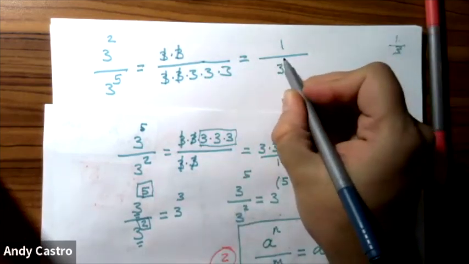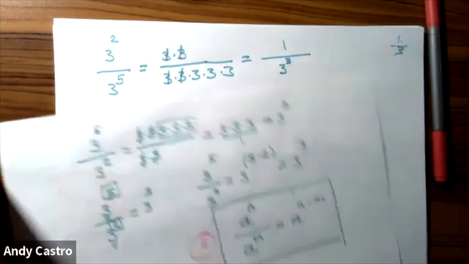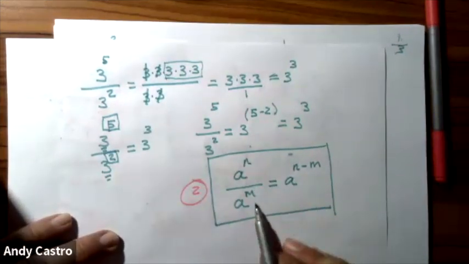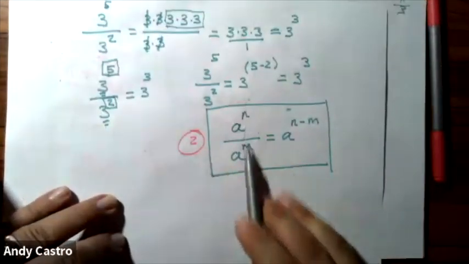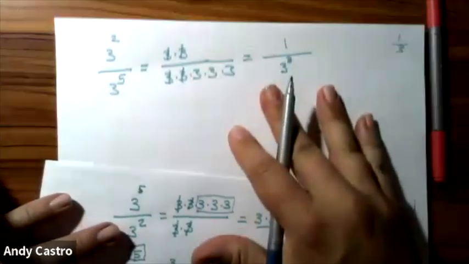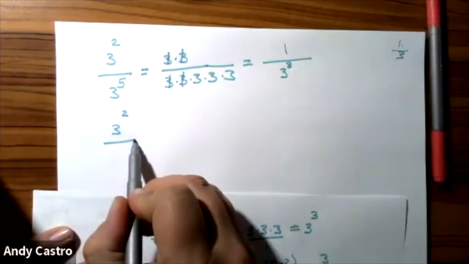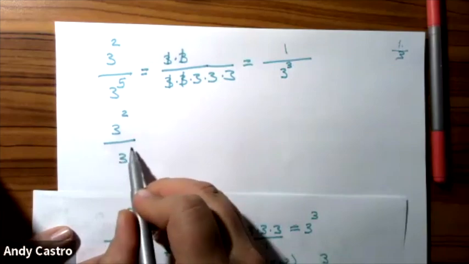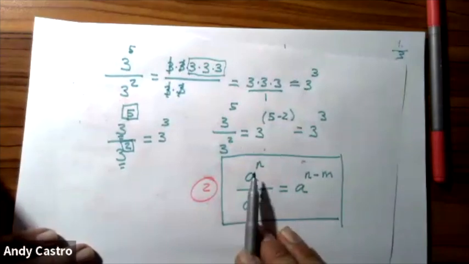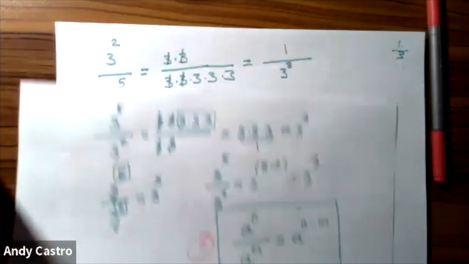So that's 3 to the third power. Now I'm going to apply this general rule here, because it's still going to yield the correct answer, but I want you to see what happens. So in this case, 3 to the second power divided by 3 to the fifth power is a to the top one minus the bottom one.